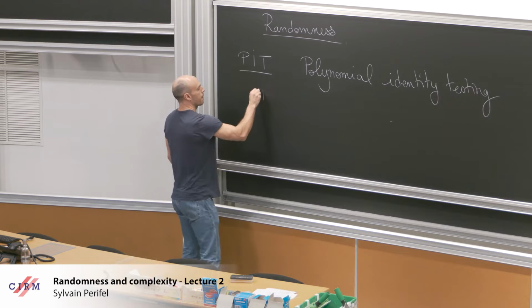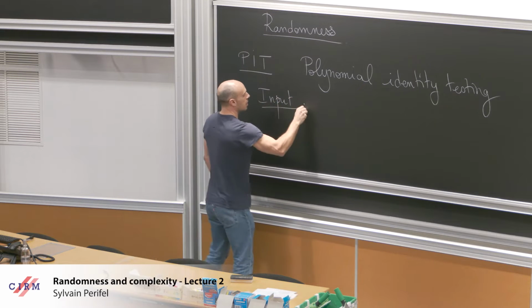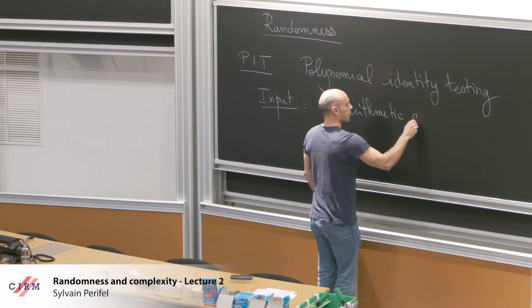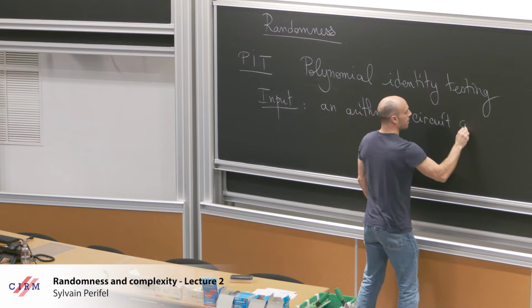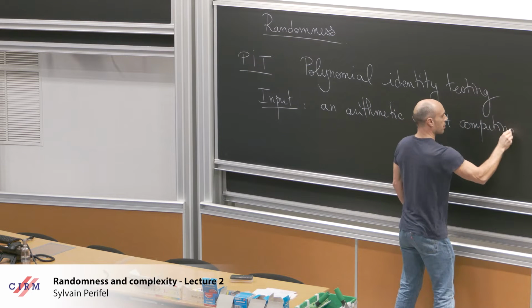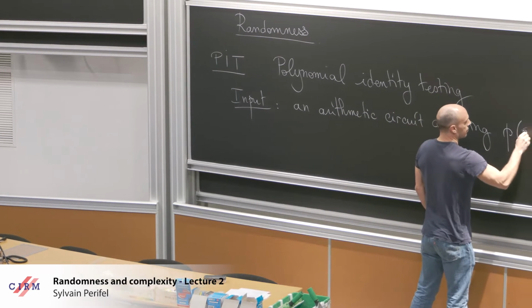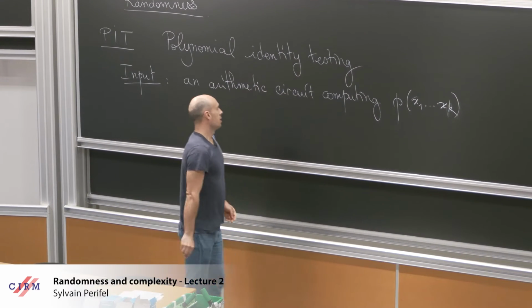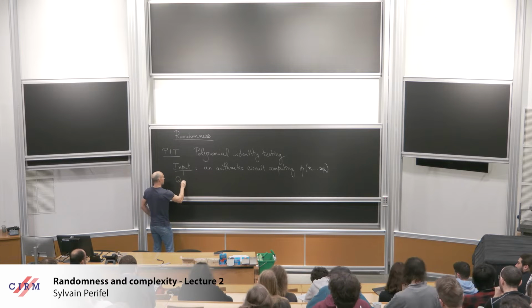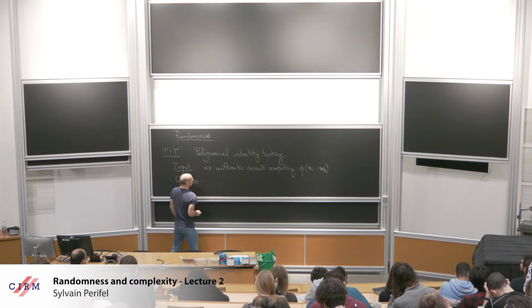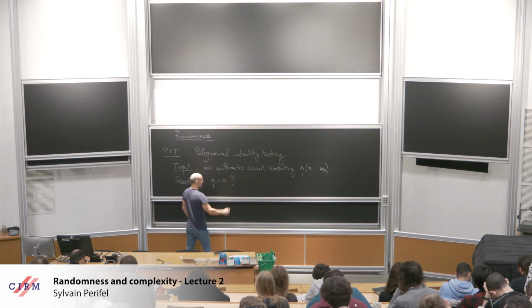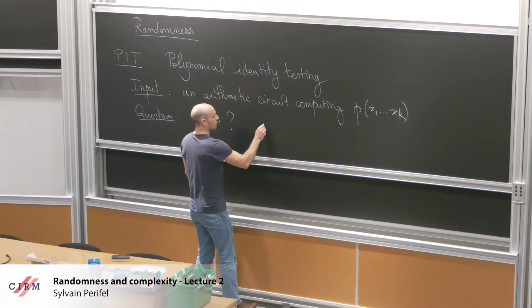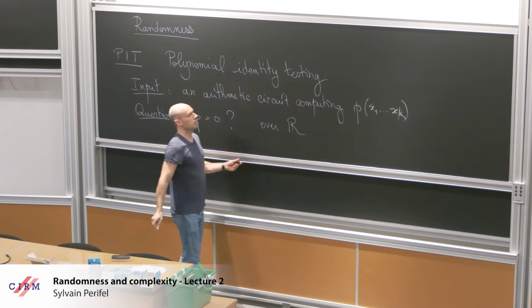So the input is an arithmetic circuit computing a polynomial p of x1, ..., xk, let's say. And the question is whether this polynomial is zero. Let's say we are working over the field of the real numbers, but it doesn't matter much.